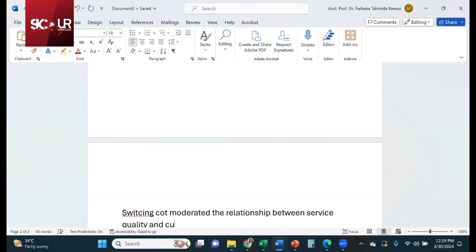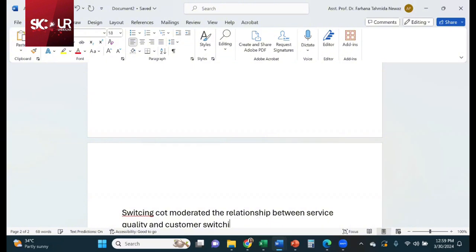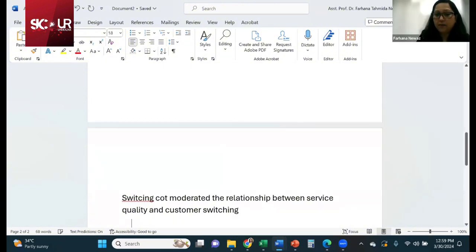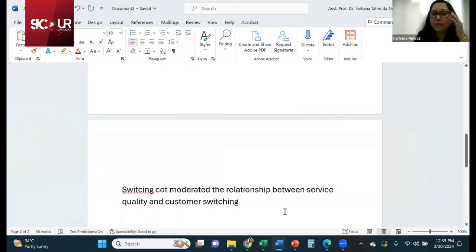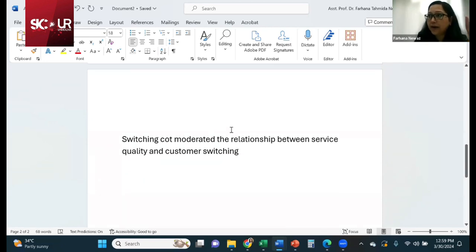Can we use partially mediating? That is a different thing, mediating versus moderating. Partially and fully mediating depend on the mediator's role, not the moderating one.